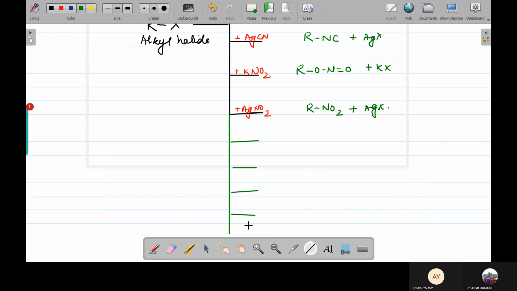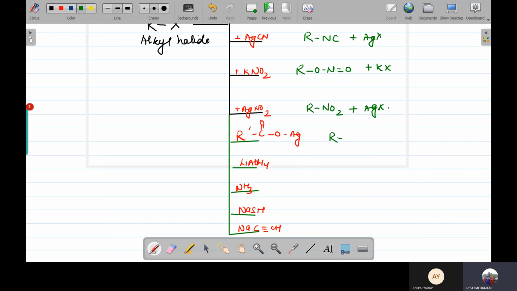Let's look at the products in this case.